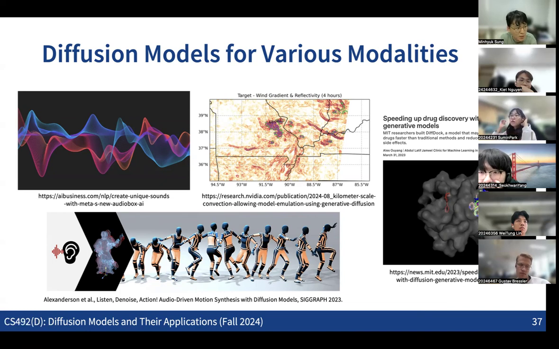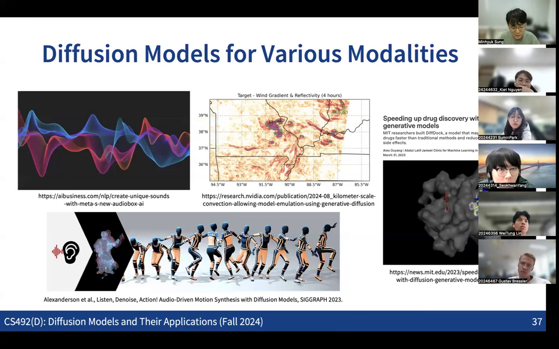They can be applied to music generation, molecule structure generation, or human motion generation. So there can be lots of applications of diffusion models for making generative models for a bunch of data modalities.